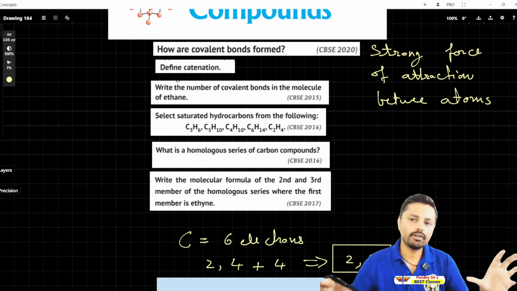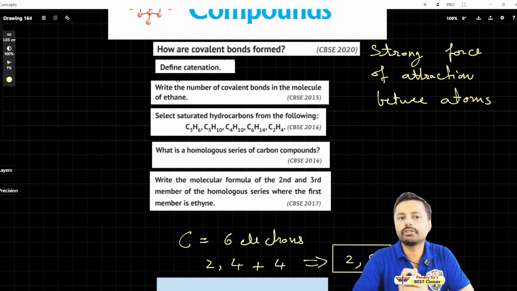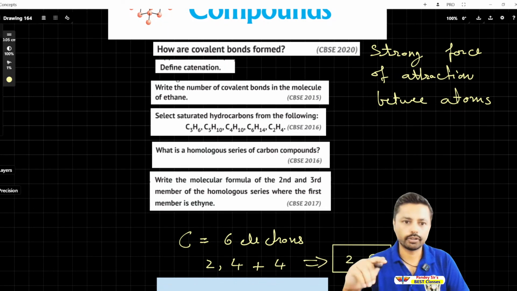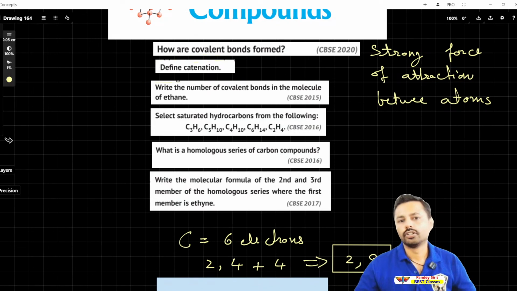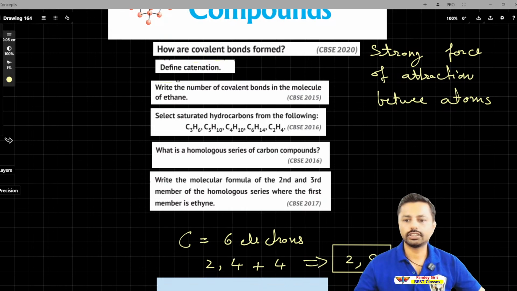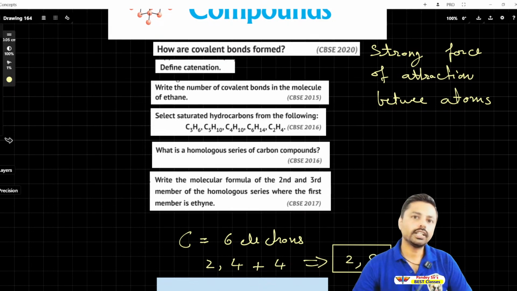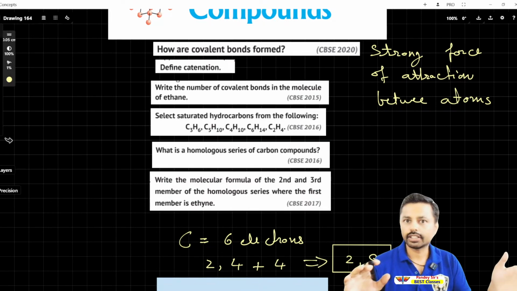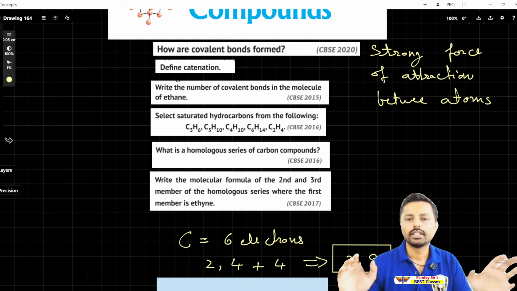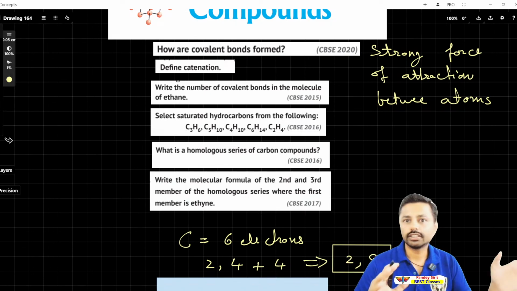So what can have a strong force of attraction between molecules? Those are ionic bonds. But before that, what is this? Catenation. So guess it. What is this catenation? Can you guess? Carbon can form bonds with other atoms, and other carbon atoms itself, and that's why it can form a large number of compounds.